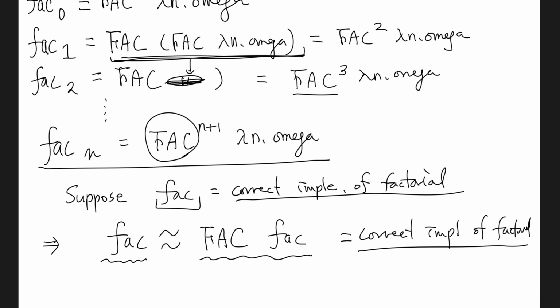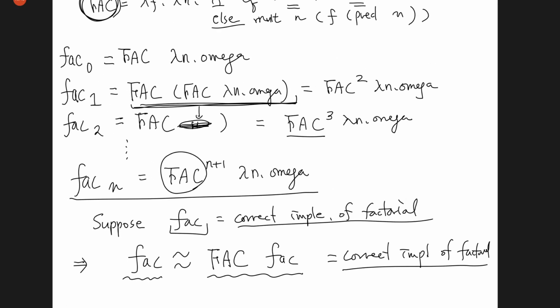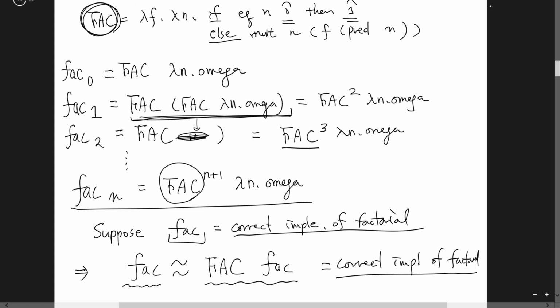So to summarize the story so far, we wanted to define a factorial function. We can imagine that there's something called fun f and so on. This is an example of using a recursive function construct. Of course, there is no such construct in lambda calculus.